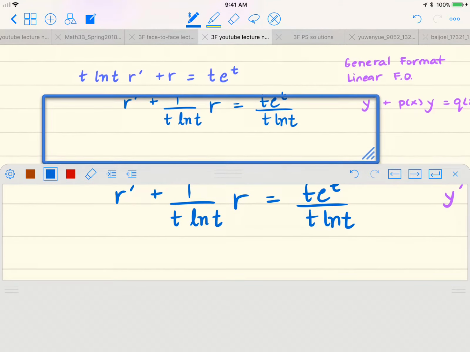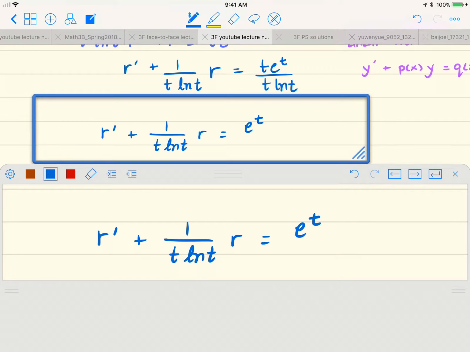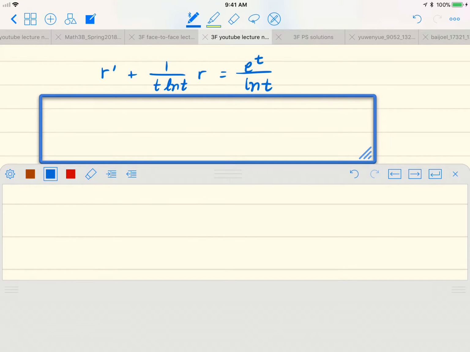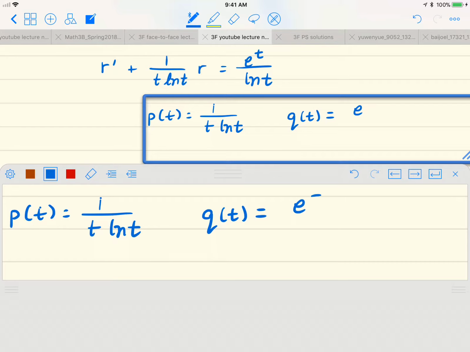I can rewrite that as r prime plus 1 over t natural log of t r equals e to the t over natural log of t. So at this point I can tell my p of t is equal to 1 over t natural log of t, and q of t is equal to e to the t divided by natural log of t.